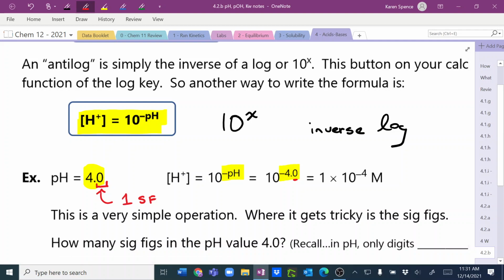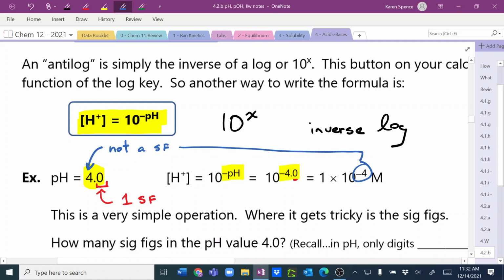Because remember, this 4 here is not a sig fig. Why is it not a sig fig? Because it's really that 4. That 4 right there is this 4 right here. And that's why it's not significant, because it is the exponent.